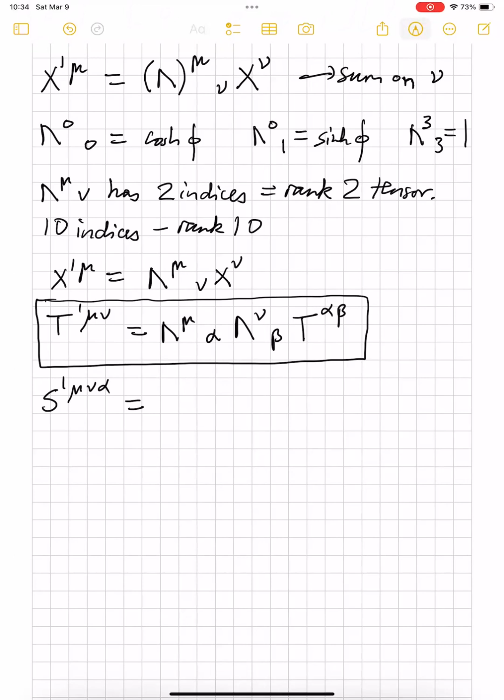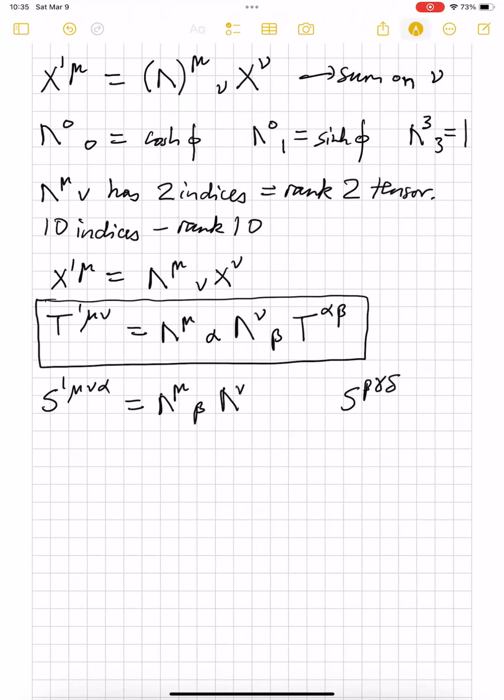Okay, so you want to relate S prime mu nu alpha to S, let's say, beta gamma delta. Okay, try to complete this equation. Pause the video, complete the equation. Okay, is this what you wrote down? So lambda mu, the first index came from beta.